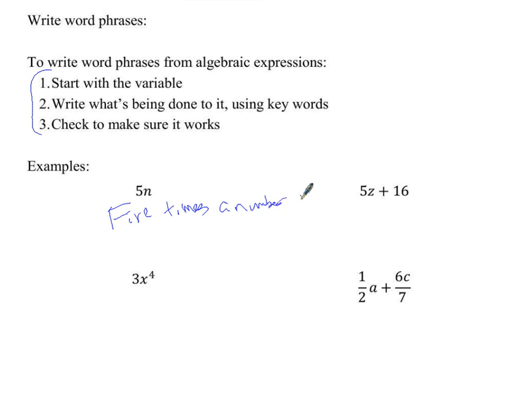You could have also said a number here. And then over here you could have said the product of a number and 5.